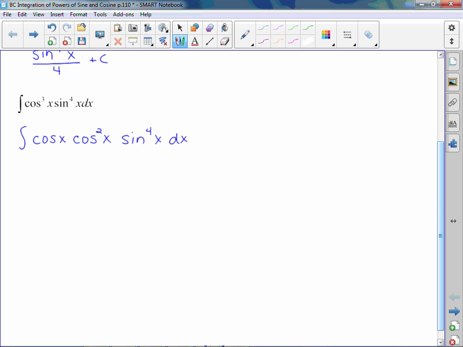The reason I'm doing that is I want to change this cosine squared into 1 minus sine squared, because I want everything except the cosine in terms of sine. So hopefully that will help me to find the best u for this problem. Cosine x, 1 minus sine squared x times sine to the 4th x dx.